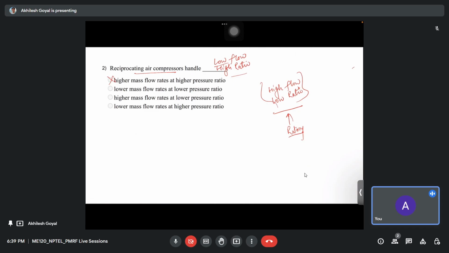Low mass flow rate and low pressure ratio, no. High mass flow rates at lower pressure ratio, this is also wrong. Lower mass flow rate at higher pressure ratio, this is the correct option. A reciprocating air compressor handles low flow but at high pressure ratios.